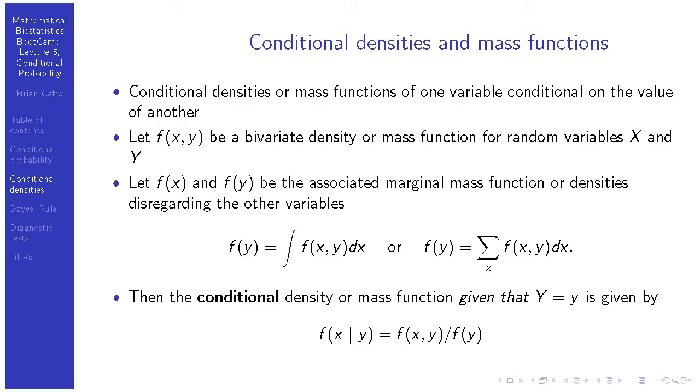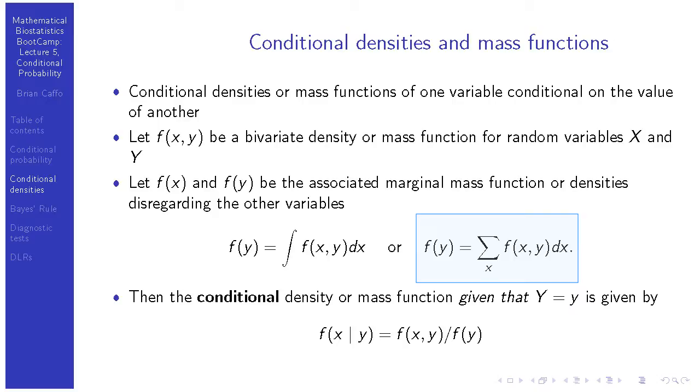So just to remind you, the marginal density f(y) is the joint density f(x, y) integrated over x, or if the random variables happen to be discrete, then f(y) is the joint mass function f(x, y) summed over x.